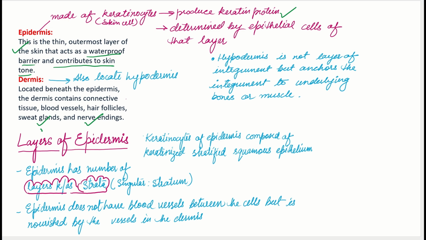The epidermis has multiple layers, and these layers are called the strata. If it's a single one, then you call it a stratum. The epidermis does not have blood vessels between the cells, but is nourished by the vessels in the dermis.